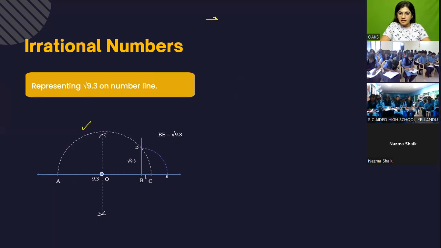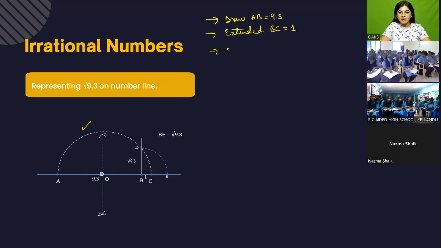So I'm just writing the shorter steps. So first of all, we draw AB as 9.3 units. Then we have extended AB to C. So we have BC as 1 unit.